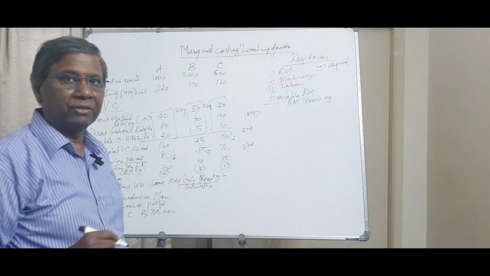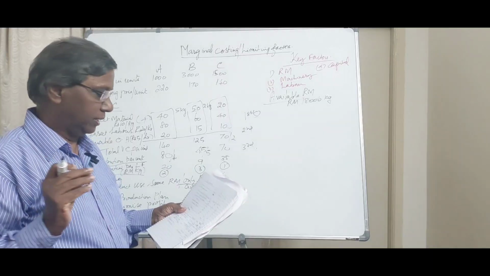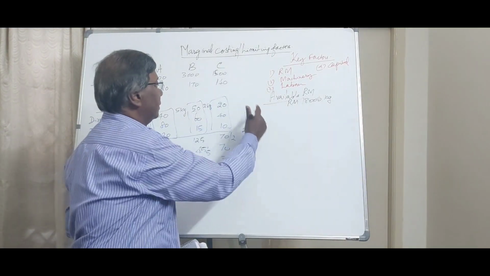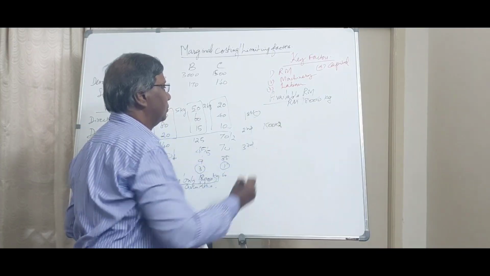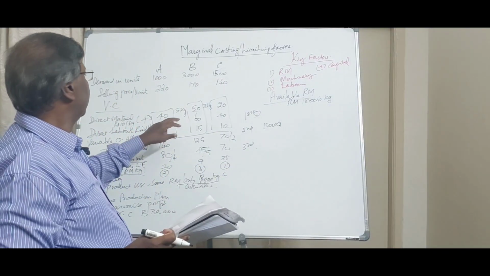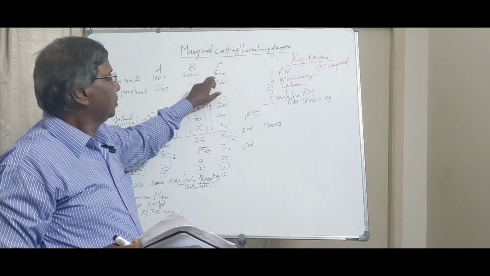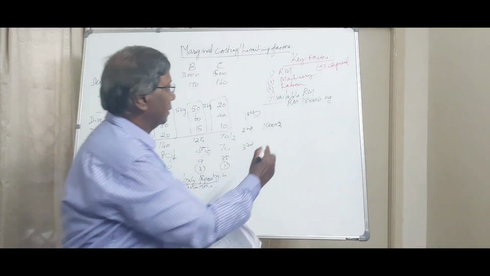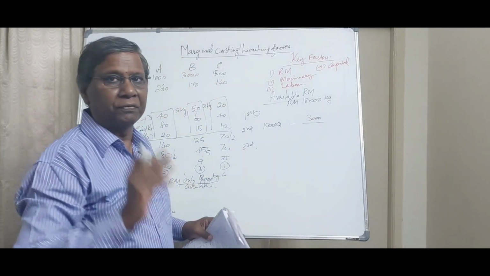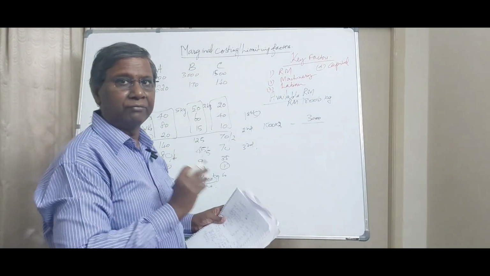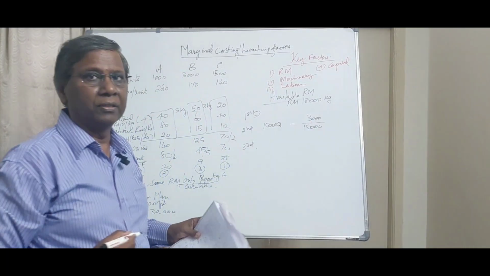First I will take C. Demand is 1500 into 2, as 2 is required for producing 1 unit. So into 1500, that is 3000. So I will use first 3000 kgs for producing C only. What is left out is 15,000.